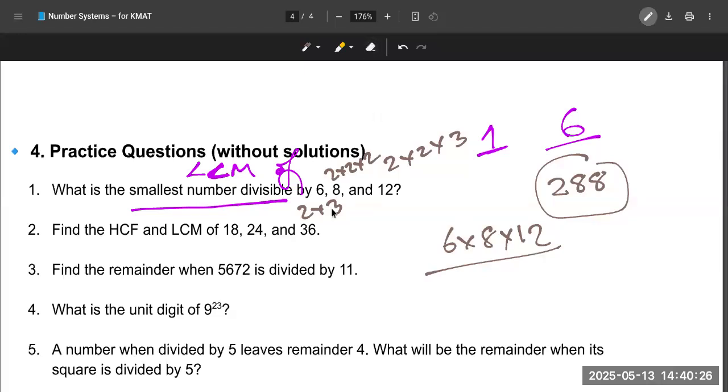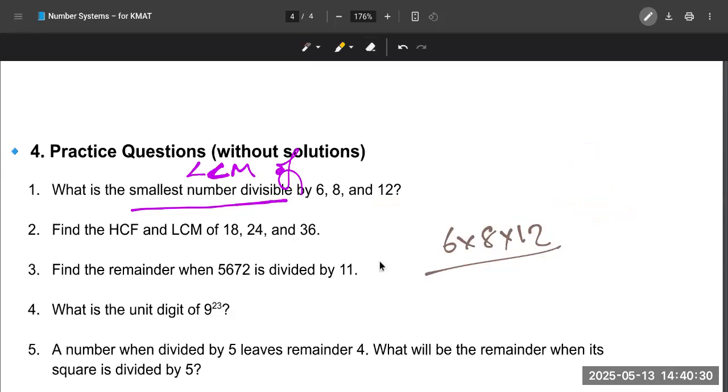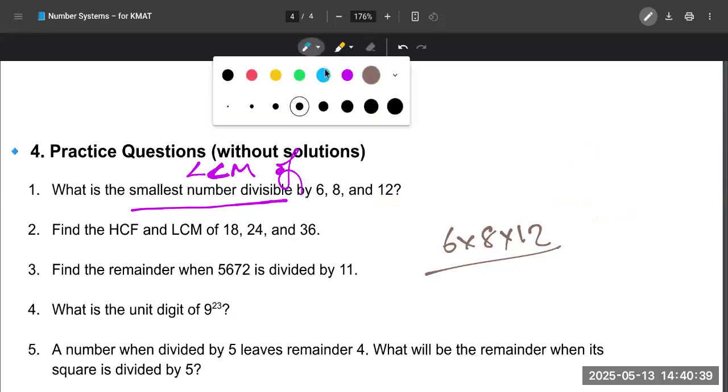That formula actually doesn't work for 3 numbers. Because here we have 3 numbers, you cannot use that formula. We have to try another way.